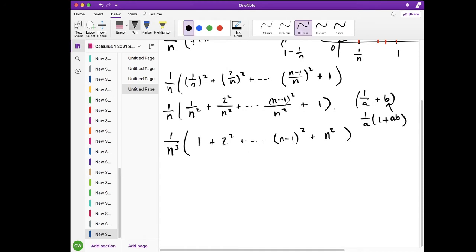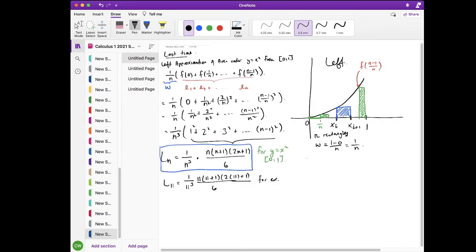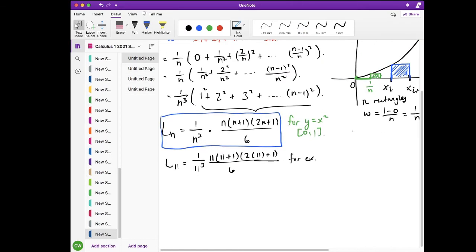Okay. So now this is the formula we have, right? It's n plus 1, 2n plus 1 over 6. And this is 1 over n cubed. Oh, actually, by the way, sorry, I made a little bit of a mistake. So notice it goes up to n minus 1. So I was thinking ahead to right approximation.